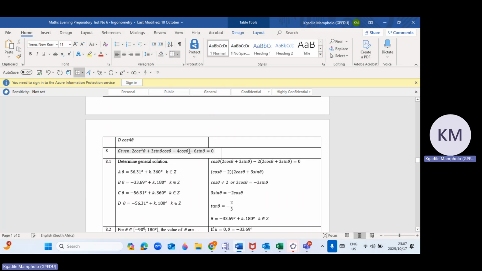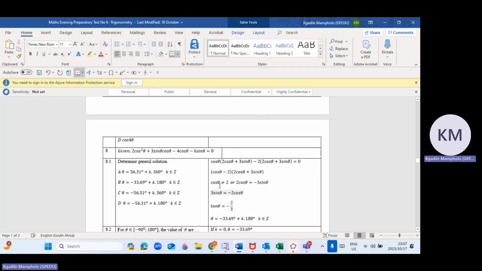Then -4 divided by -2 is 2, -6 divided by -2 is 3. Then you see that you factorize by grouping, and we still have a common factor, which is 2 cos theta plus 3 sine theta. Then when you take it out as a common factor, then here will remain with cos theta minus 2.